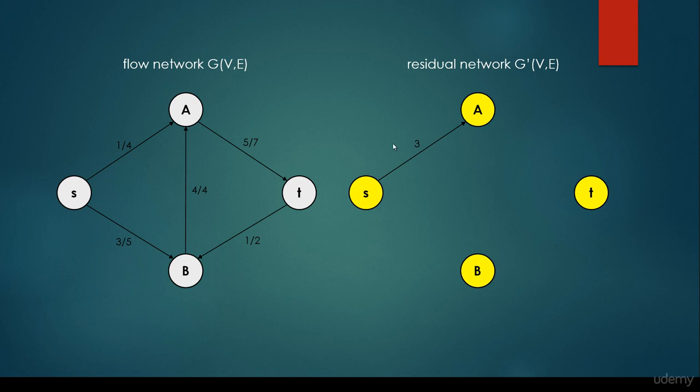So basically we are able to flow 3 more units. So that's why we are going to have a forward edge basically pointing from the source to the vertex A, because we are able to flow 3 more units because the capacity is 4 and we have a single unit of flow basically so far.